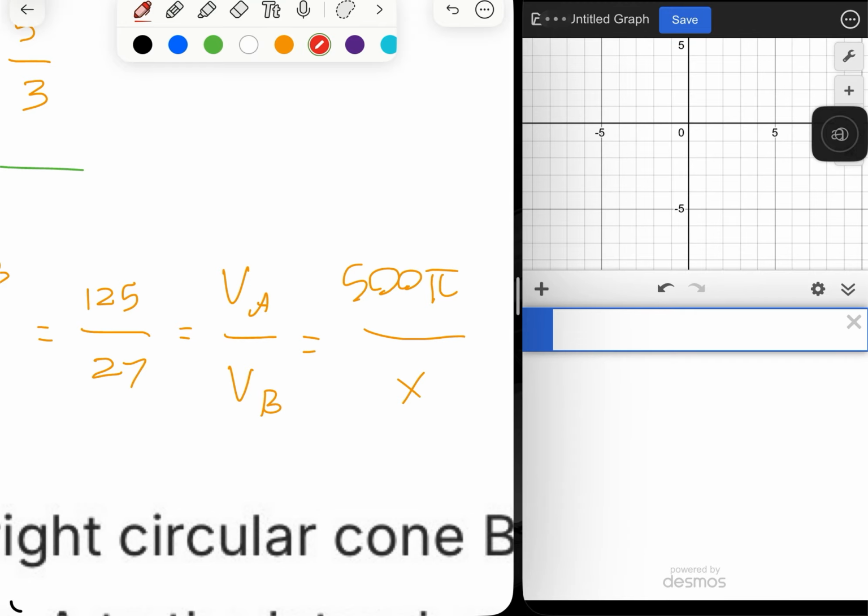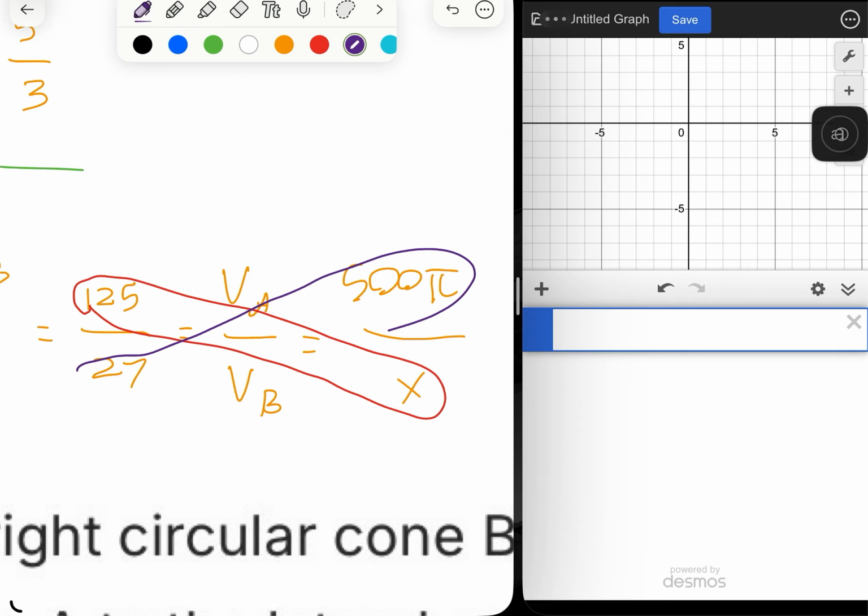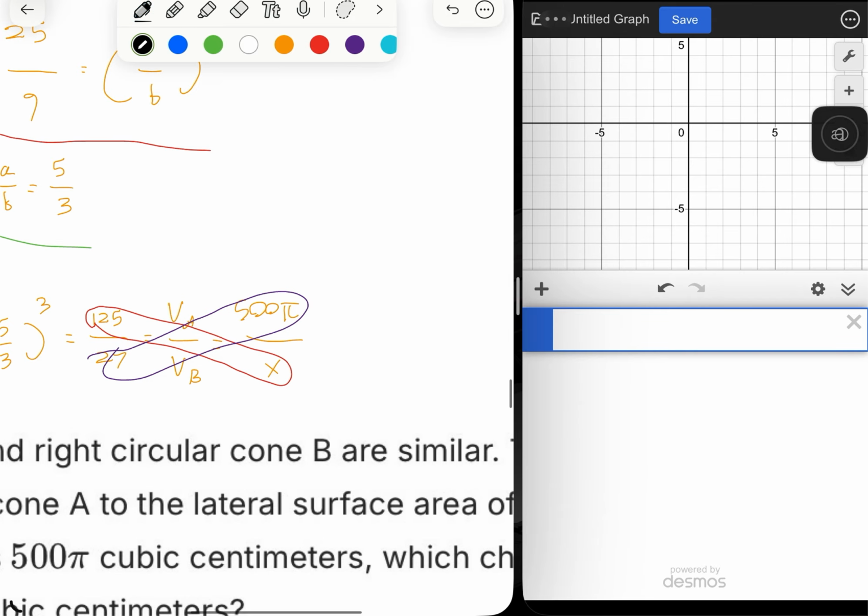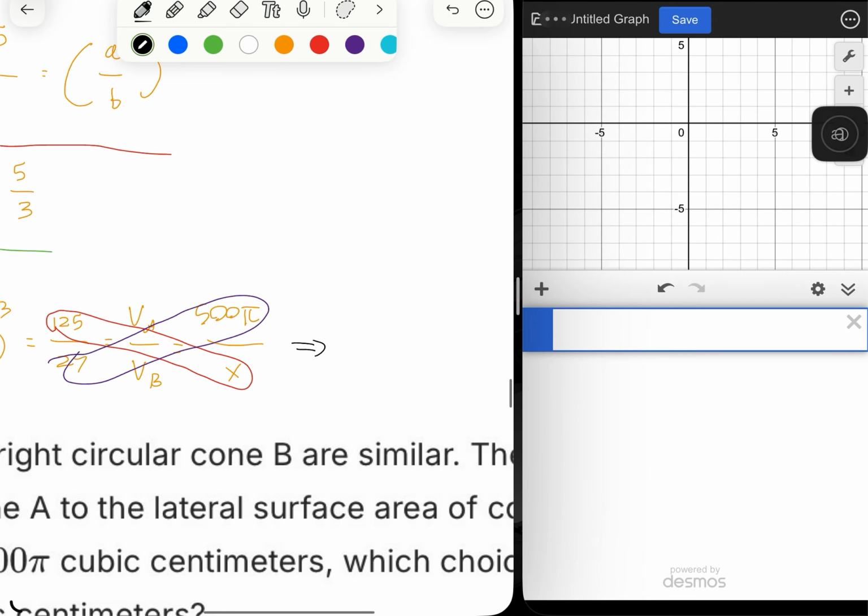So we can cross multiply, and we have 125x equals 27 times 500 pi.